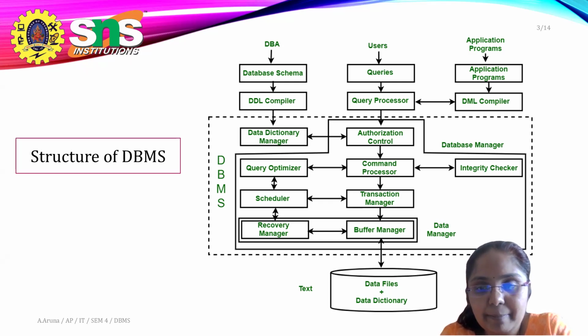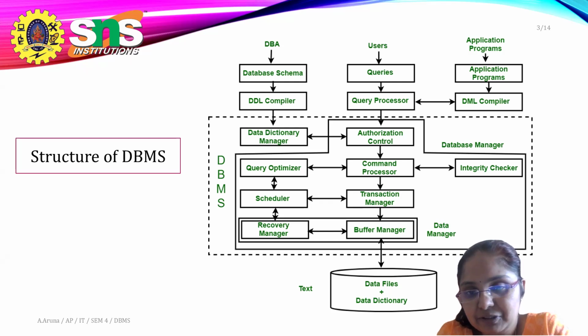So inside the database management system, we have certain components: authorization control, command processor, transaction manager, buffer manager, recovery manager, scheduler, query optimizer, data dictionary manager. So these are the major things. Along with these, here we also check the integrity constraint, so an integrity checker is also there.